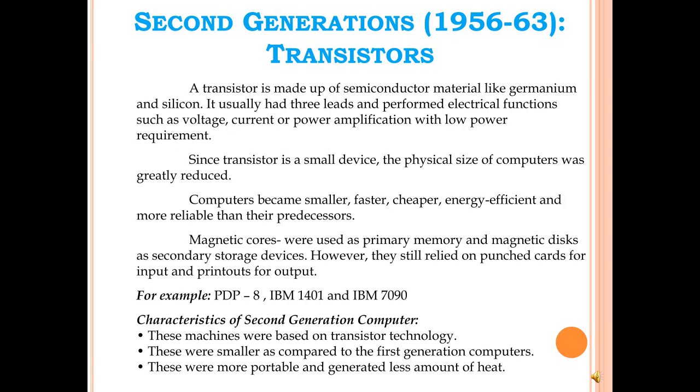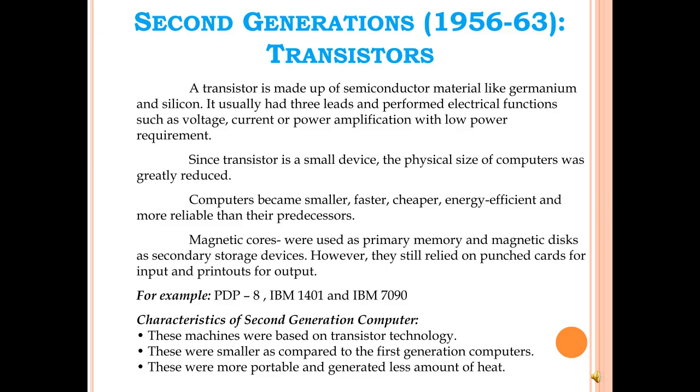After that, the second generation, which started in 1956 and ended in 1963, introduced transistors. Let me tell you, a transistor is made up of semiconductor materials like germanium and silicon.